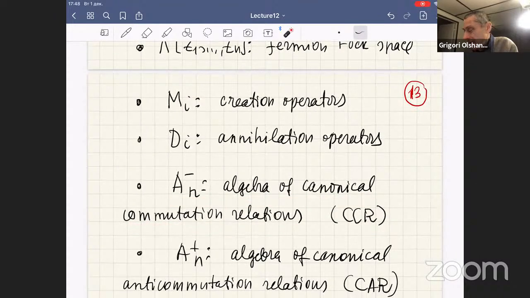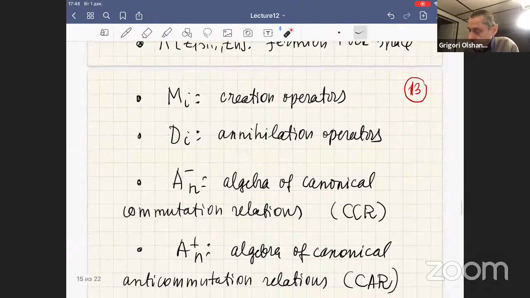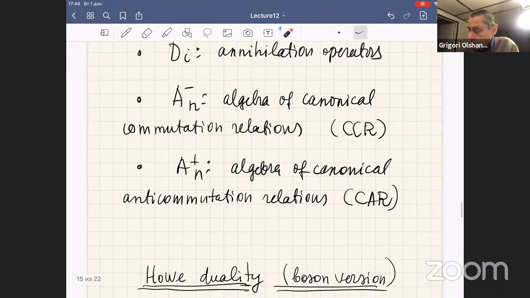Again, this term is reserved for some completion of this algebra, but let's call it so. And the plus version is the algebra of canonical anti-commutation relations. The relations here are just the relations between the M and D operators. So canonical commutation, because here we have the ordinary commutations, and here we have the anti-commutation.